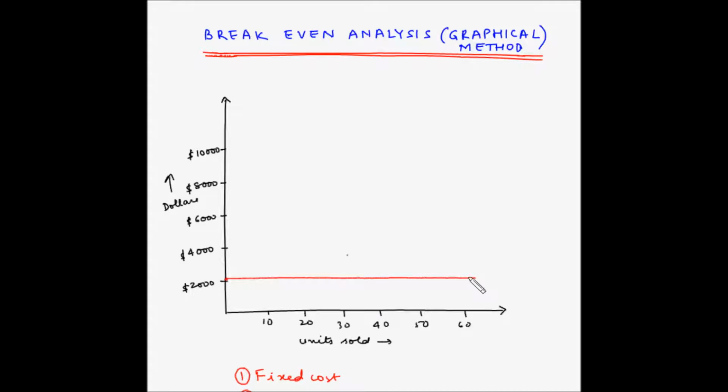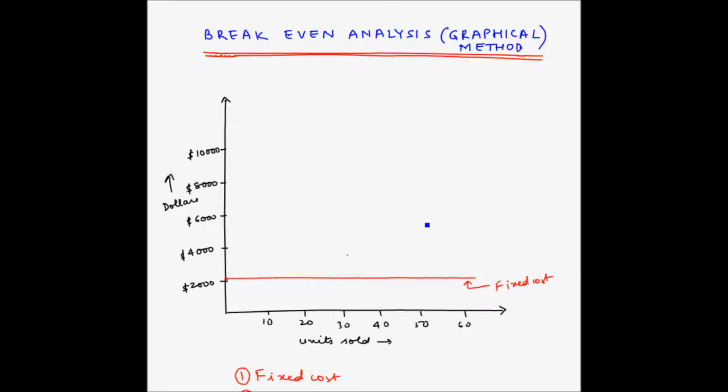So this line here represents the fixed cost. So what this line means is that the fixed cost is $2,000 whether the number of units sold is 5, 10, 15, 20 up to any other number of units sold.